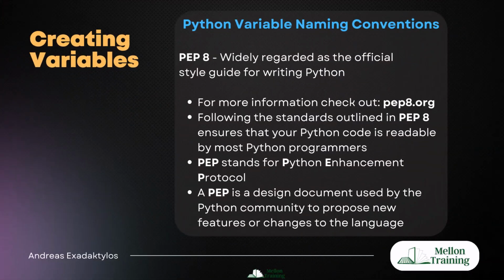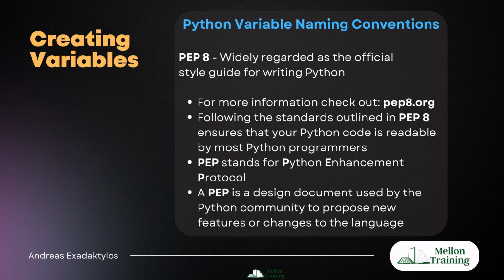PEP 8 is widely regarded as the official style guide for writing Python. How things are named, how things should be formatted, how things should look. And you can learn a lot more about it by looking at this website, pep8.org. Someone has created this site to kind of give you a tour of all the features in a nicely formatted way. There's more information. I'll include a link in the description.